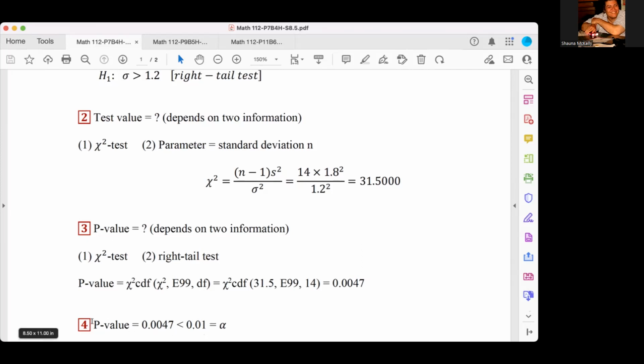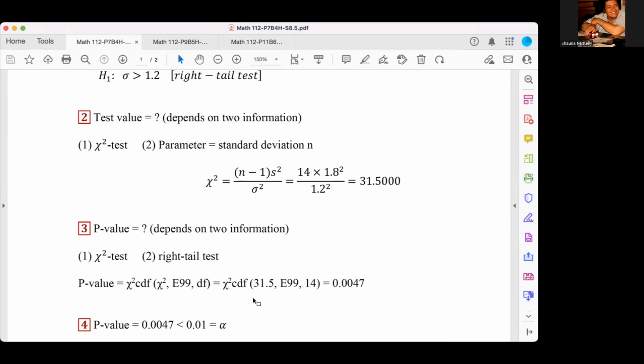Now I read the sentence from left to right. I say p-value is less than alpha. When the p-value is less than alpha, it means my p-value is in the alpha region, which is the critical region.